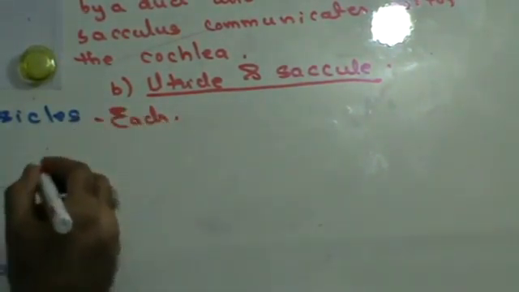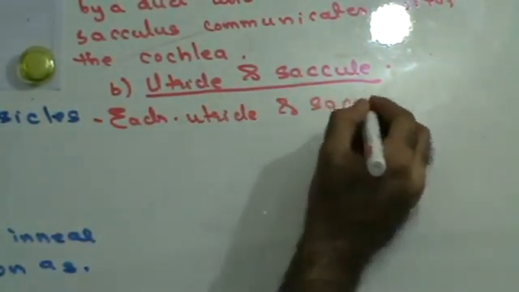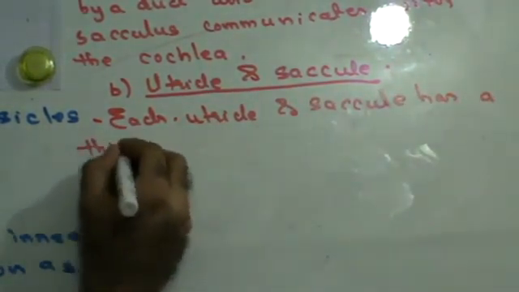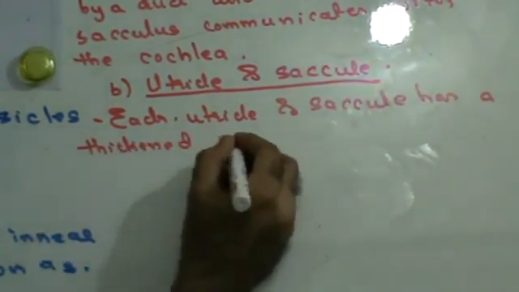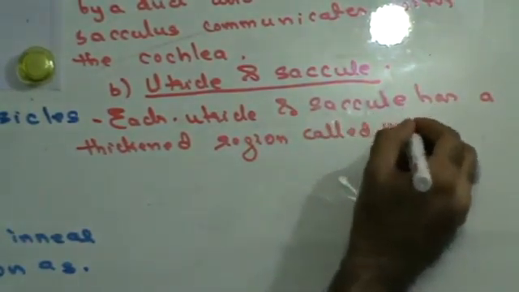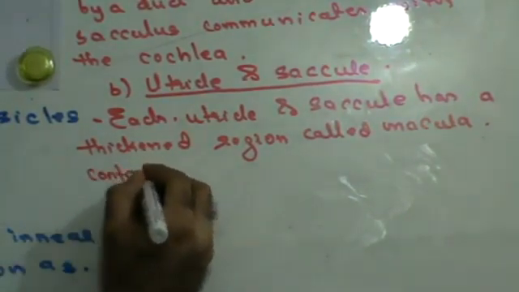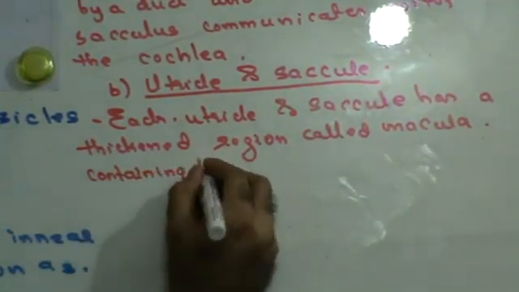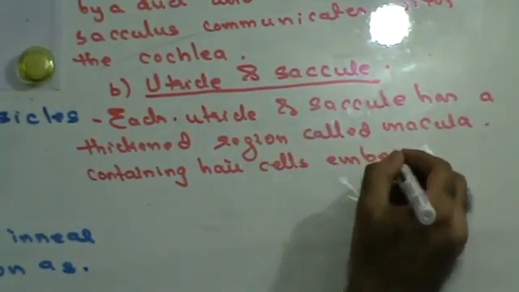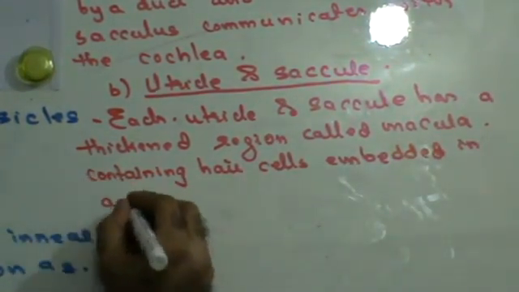Right? So I can say that each utricle and saccule has a thickened region called macula, containing hair cells embedded in a jelly-like membrane.